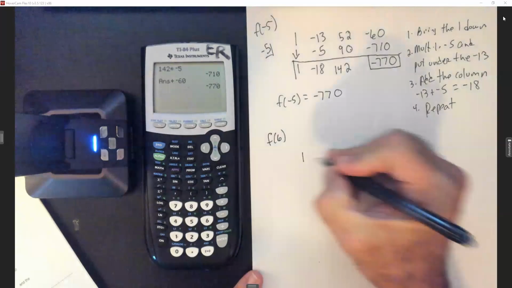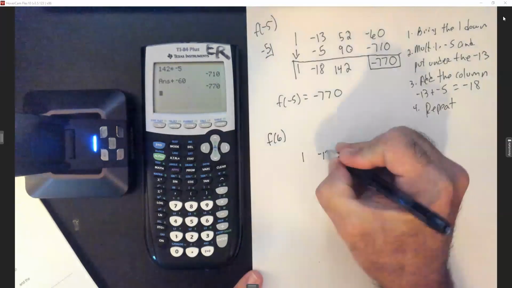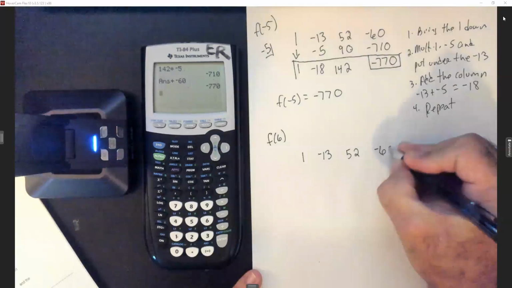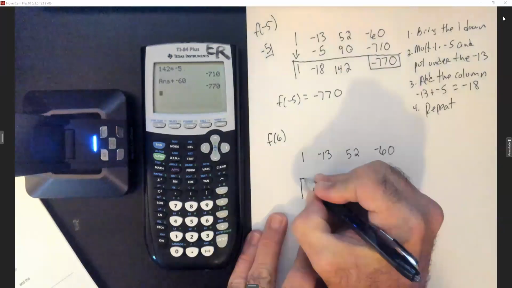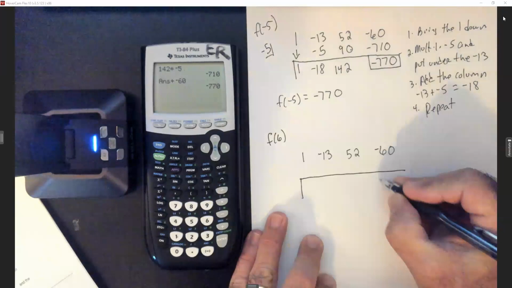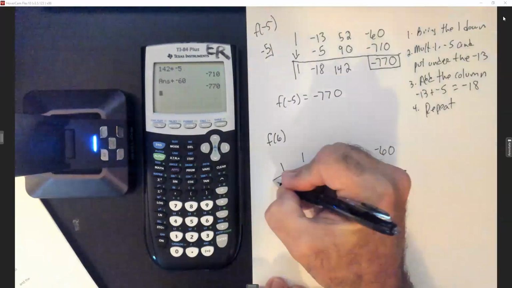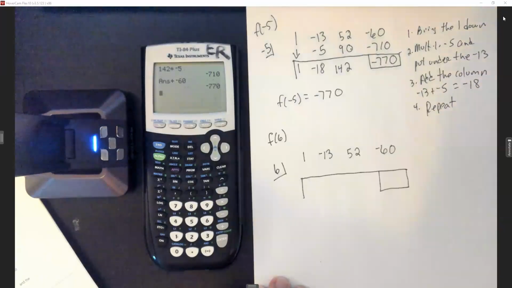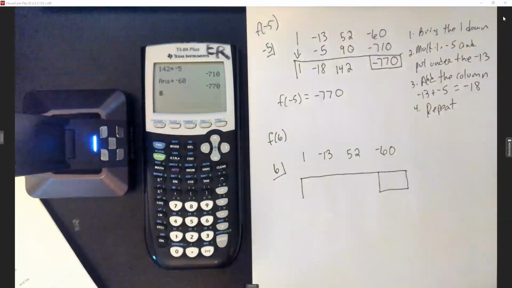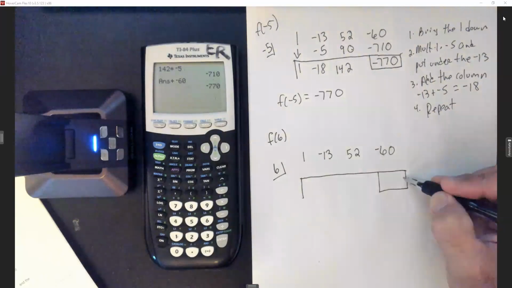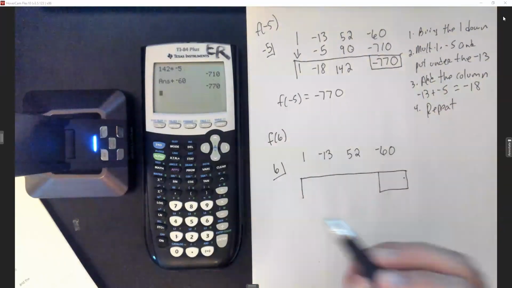1, negative 13, 52, and negative 60. And I'm going to draw my box. And then my C was the positive 6. All right, so when I'm done, I will have a value here that will be what f of 6 equals on this one, okay?